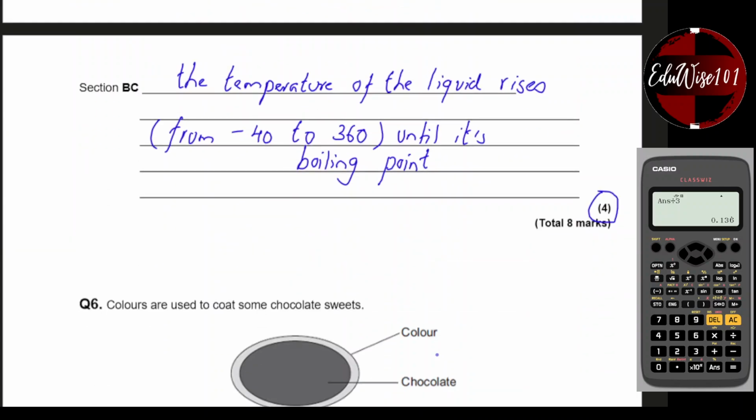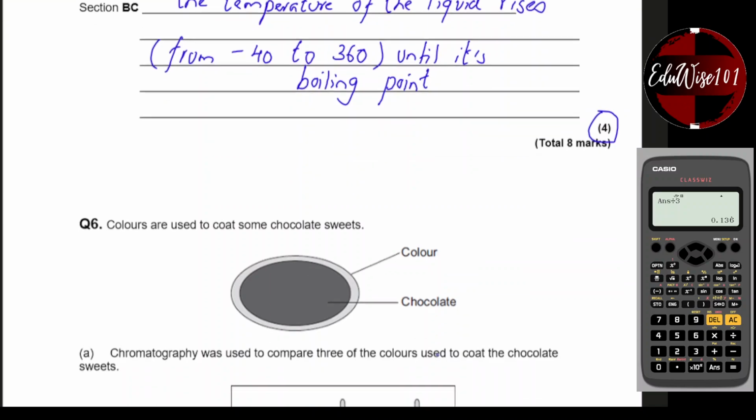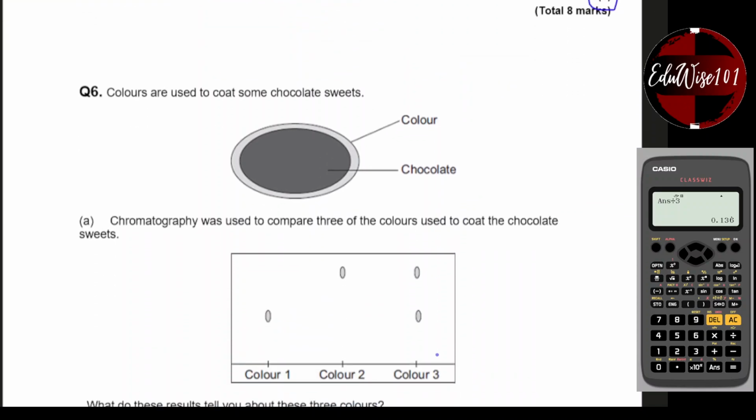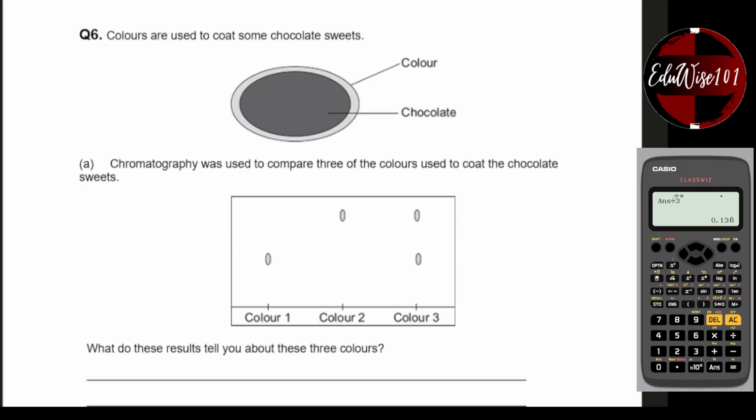Question number 6. Colors are used to coat some chocolate sweets. So you have the chocolate sweet here, you have the chocolate in the middle and the color coating on the outside. Very similar to M&Ms or Smarties.